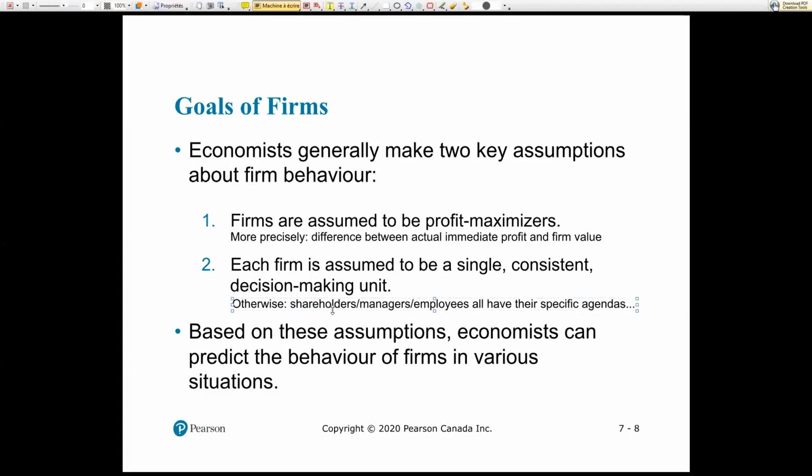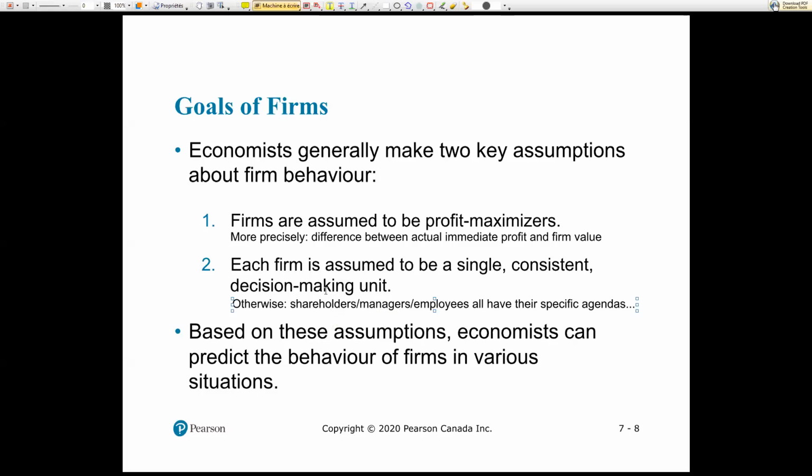So there are some models that describe this that are called principal agent models, in which the shareholder gives control of the firm to a manager and hopes that the managers do their best, but in the end the managers can try to maximize their own income and it could be at the expense of the shareholder value.